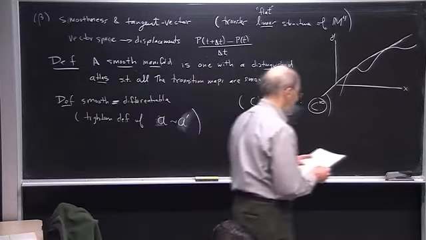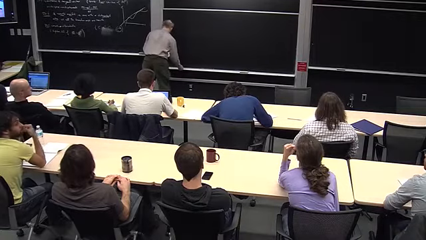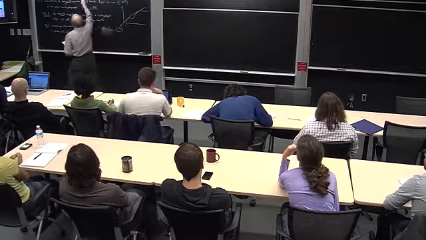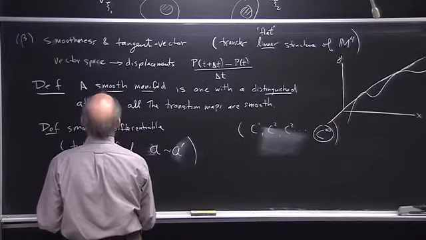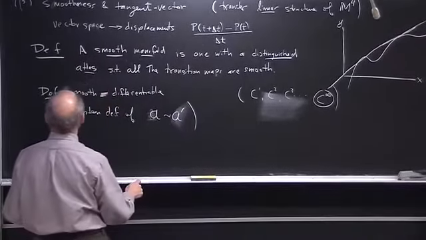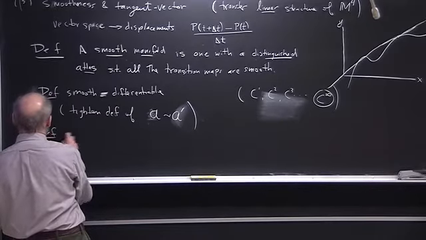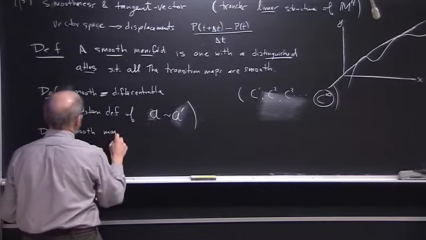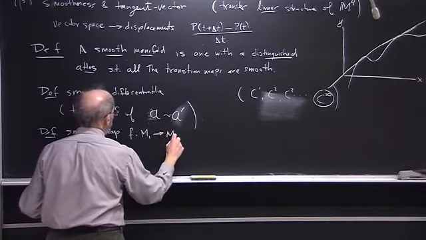Now, I want to say a little bit about how we would define differentiability. Oh, by the way, I guess we can do that. So just as we defined continuous maps from a manifold into another, we can define a smooth map from one manifold into another on exactly the same pattern.